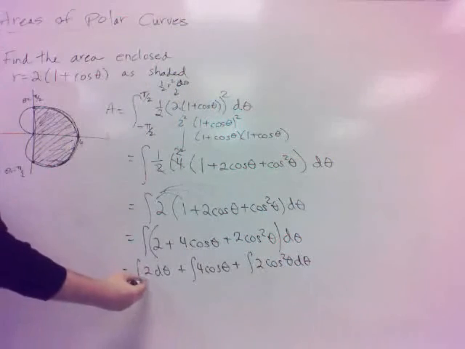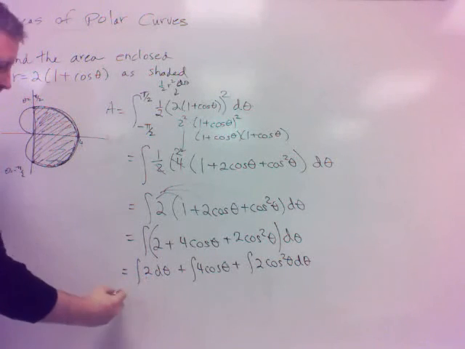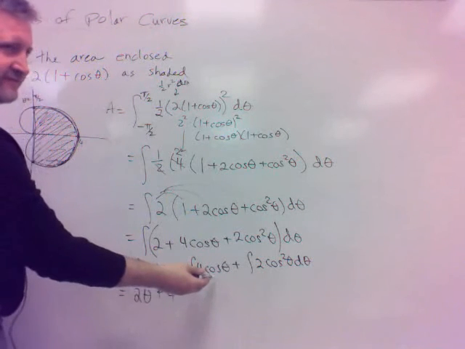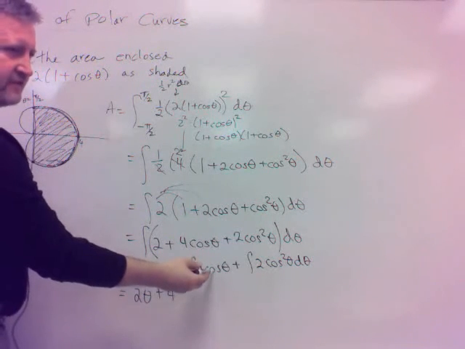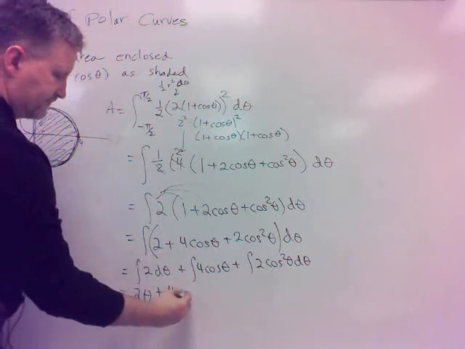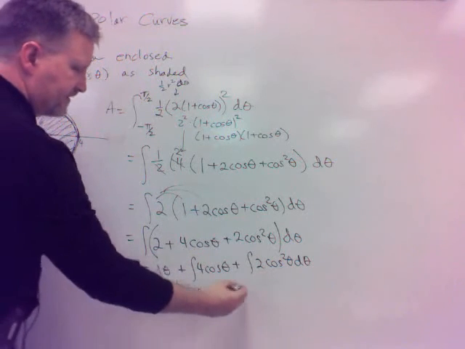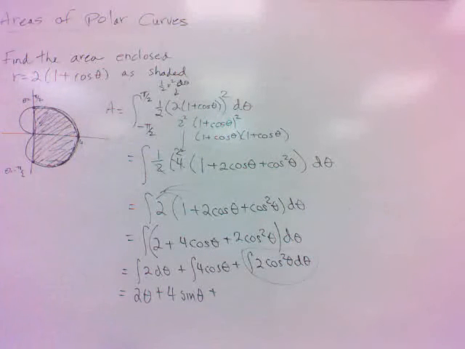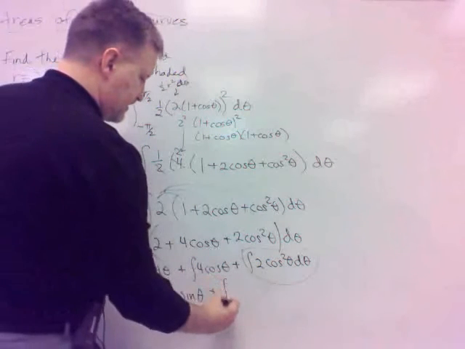Well, the first two are easy. Antiderivative of 2 would be 2 theta, right? That's an easy one. Antiderivative of cosine, sine. This is another story. Cosine squared. How did we do cosine squared? That was the double angle one, yeah. Use your double angle formula there. Remember what it was?